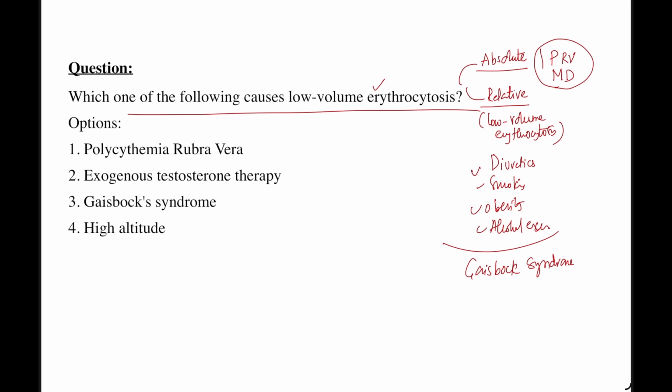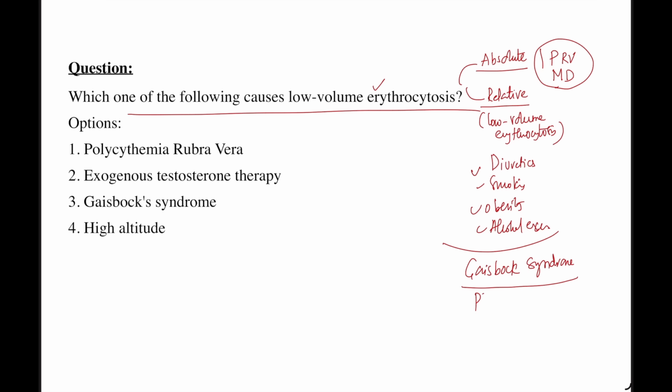Okay, so what I'm referring to is a specific syndrome known as Gaisböck syndrome. So what is this Gaisböck syndrome? One thing is clear, that in Gaisböck syndrome, you will see low volume erythrocytosis, which is relative.